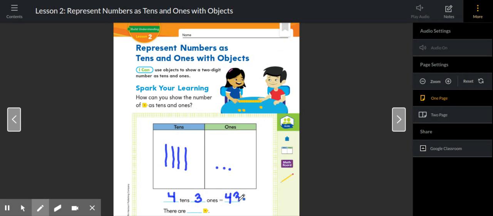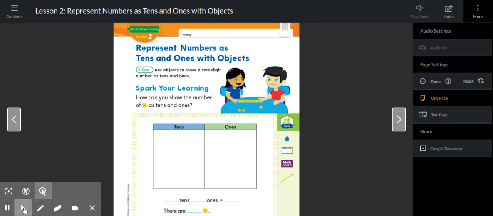So 4 tens and 3 ones is the same as 43. So there are 43 Cheerios or Legos or whatever you're using today. 43. Okay?